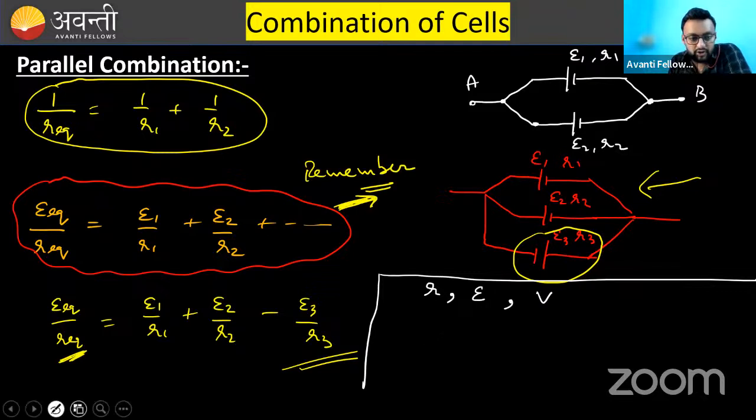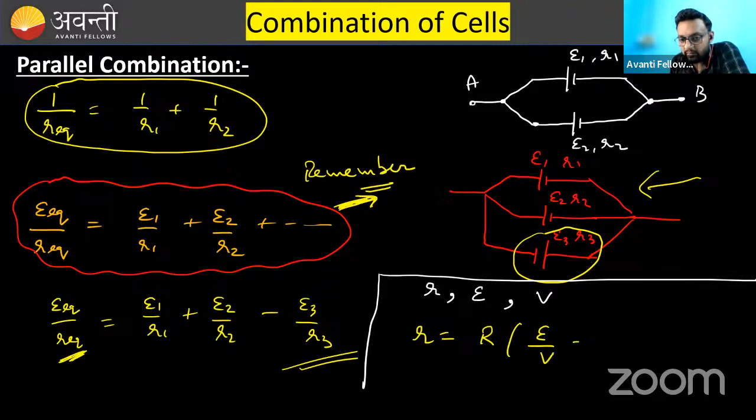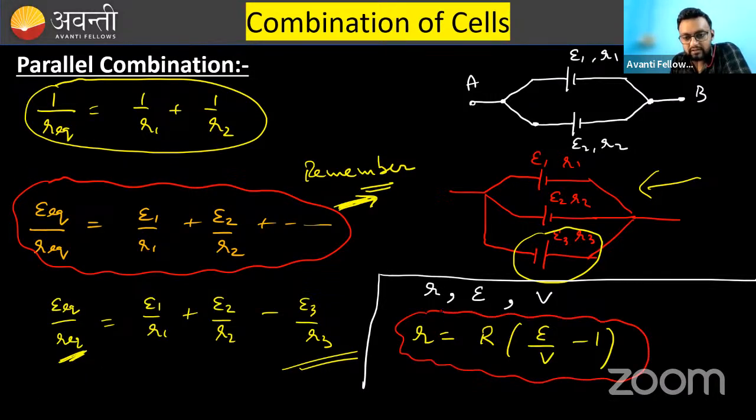The relation is, you need to remember, write it down in your notebook because we are going to use this relation. r is equal to R into (E by V minus 1). Someone might say, sir, you are forcing us to remember a lot of things. But students, this is a necessary thing. You should know these things. What is r? Internal resistance. R is external resistance, E is EMF, V is terminal potential, and one is one. Okay. I think clear.